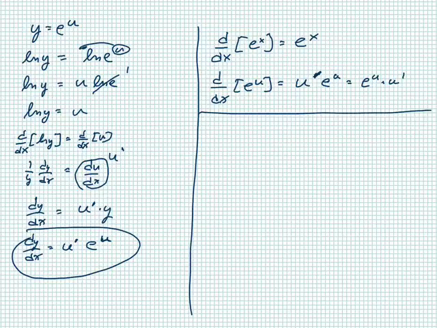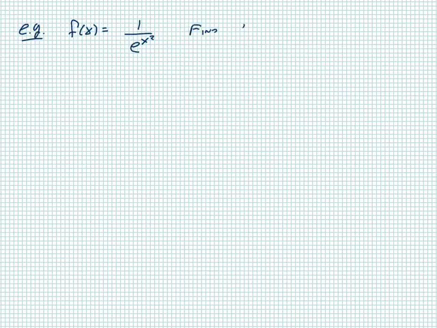So let's do some examples. Okay, the first example is, let's say I have f of x is equal to 1 over e to the x squared, and I want to find f prime of x. Now listen carefully: when you can, if you've got 1 over e to the u, you always want to rewrite that as e to the negative u.